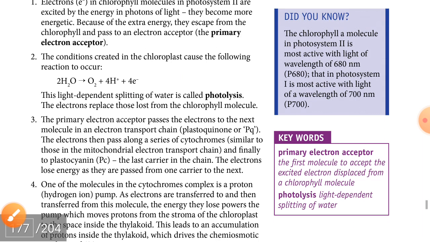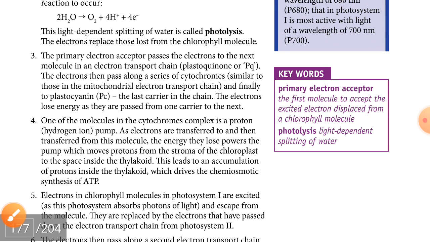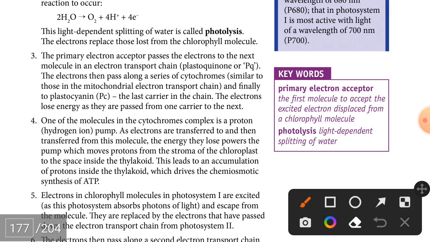Okay. The primary electron acceptor passes the electrons to the next molecule. Primary electronin electron ishee sila fudhate sana maaltti dabarsaa? The next molecule in electron transport chain. Electron transport chain keet plastoquinone kan jennutti dabarsaa jechuudha. The electrons then pass along a series of cytochromes, similar to those in mitochondrial electron transport chain.